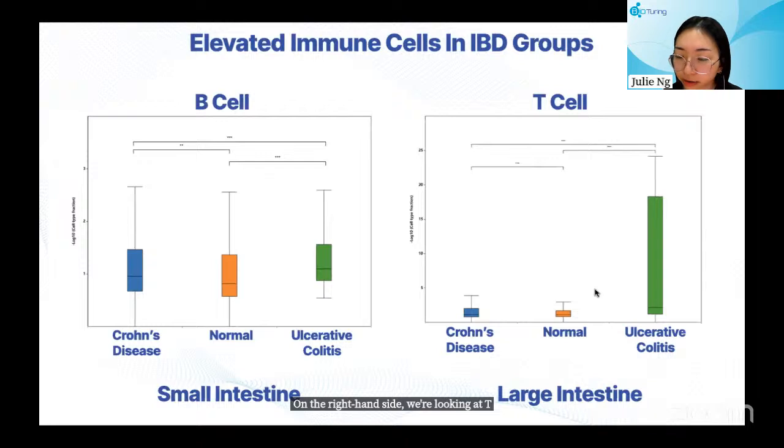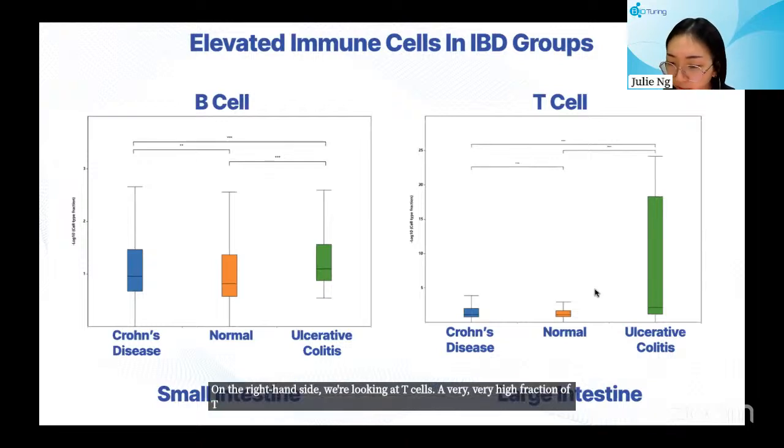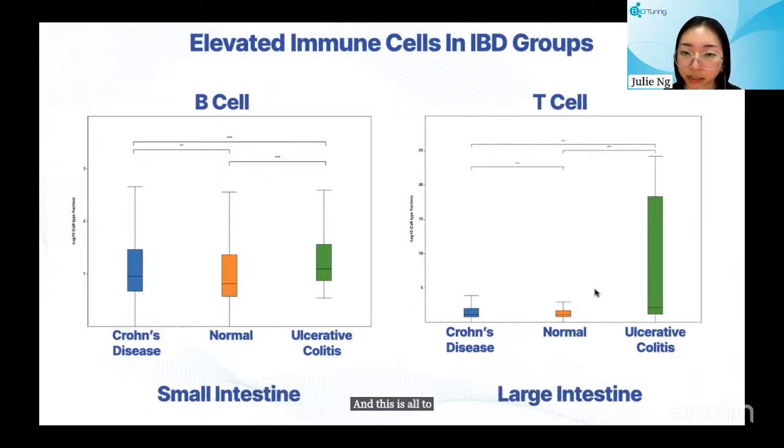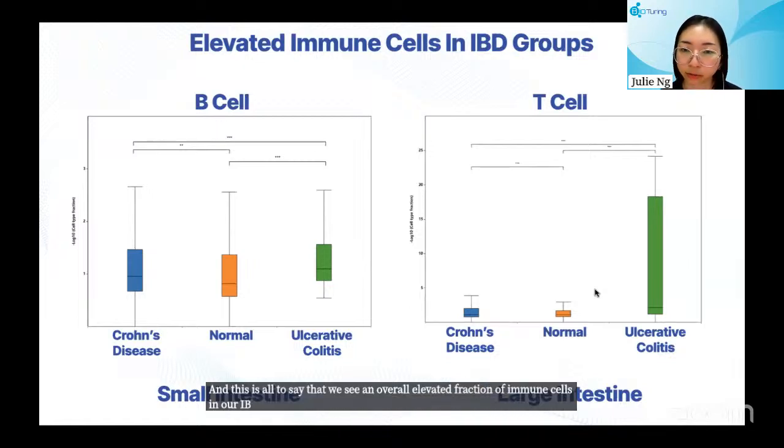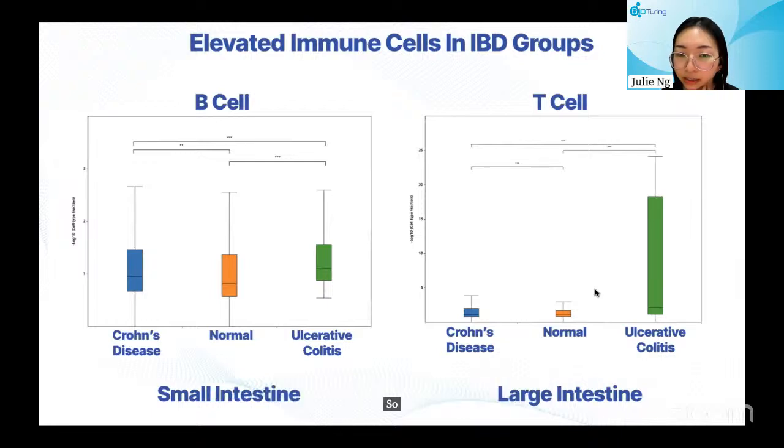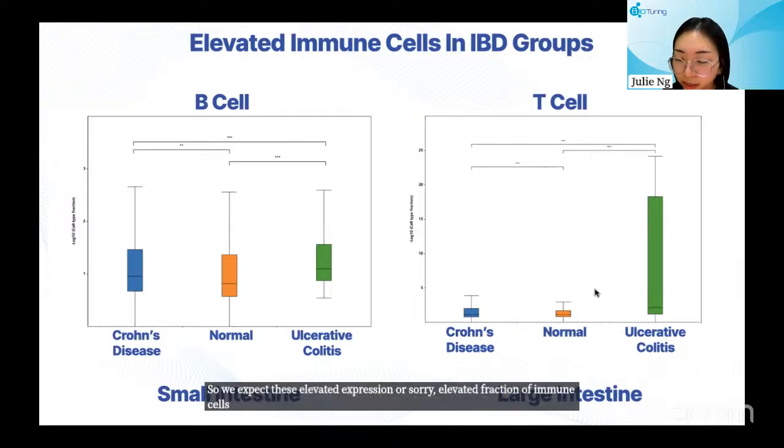We see a very high fraction of T cells in ulcerative colitis compared to normal. This all says that we see an overall elevated fraction of immune cells in our IBD groups, which is what we expect because IBD is an inflammatory disease.